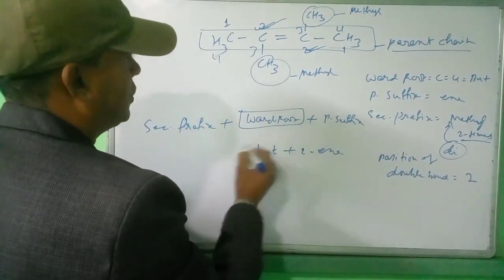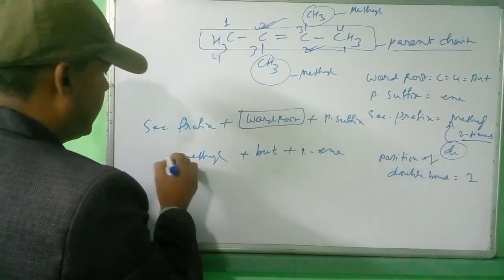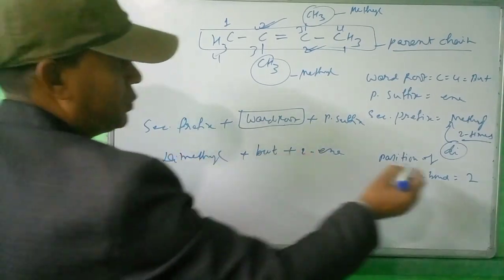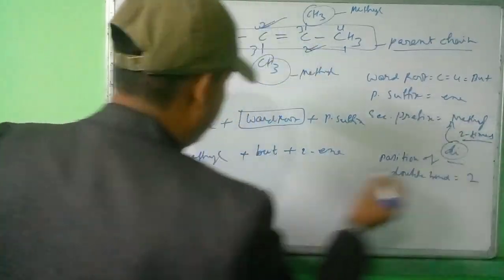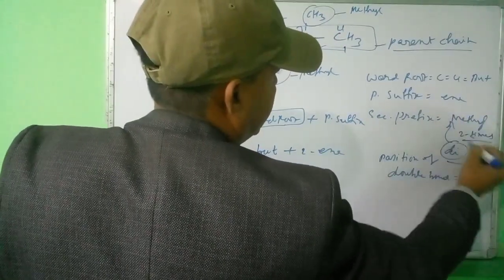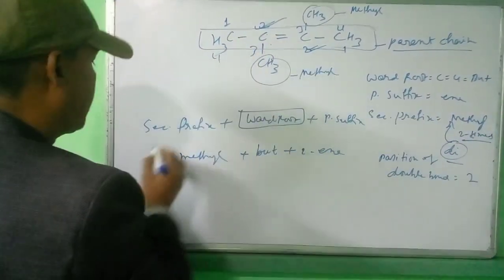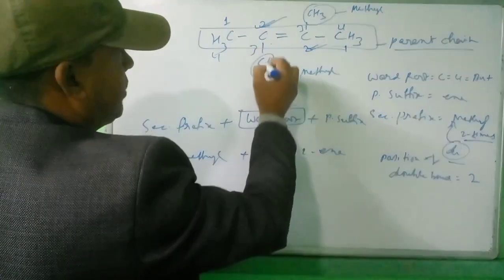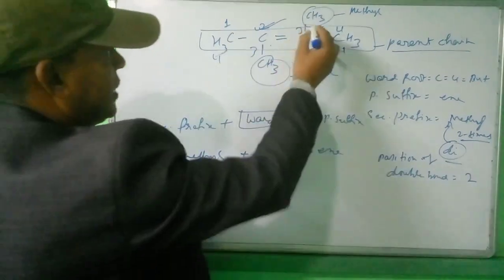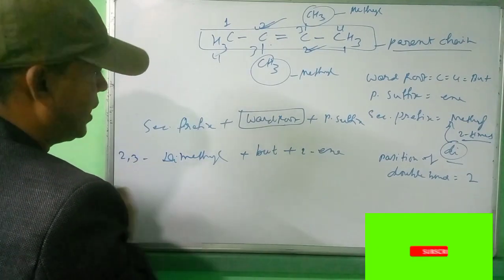Before the word root, methyl, and the di term is written since it is present 2 times. The position of the methyl: one methyl group is on the second carbon, the other is on the third, so 2,3-dimethyl.